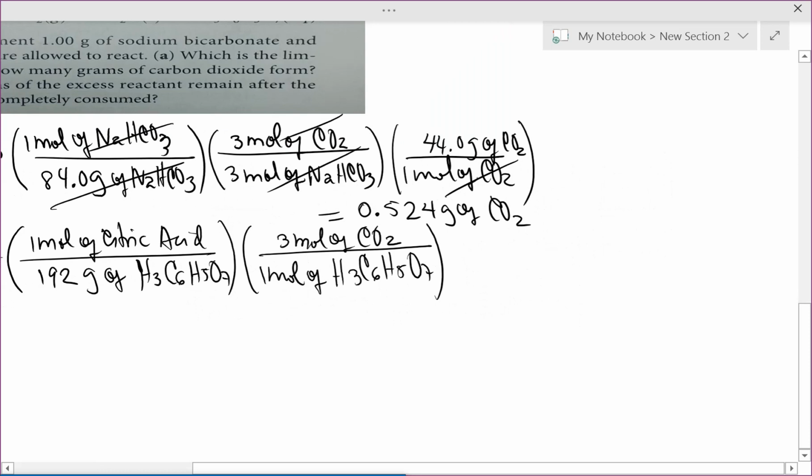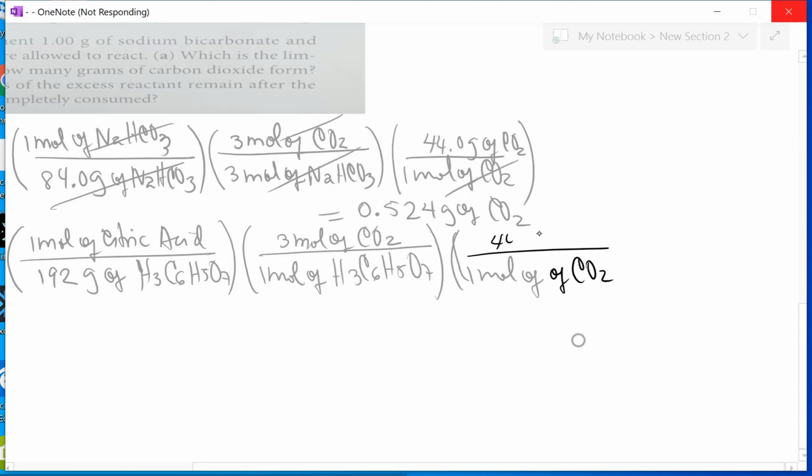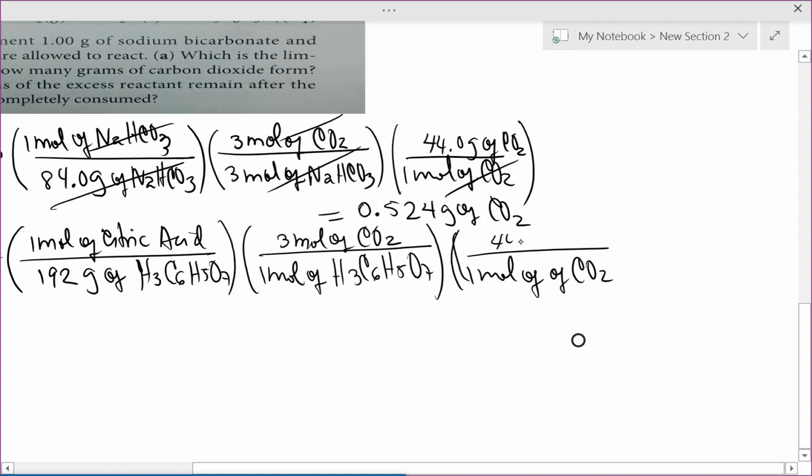For each mole of carbon dioxide, we have 44 grams of carbon dioxide.